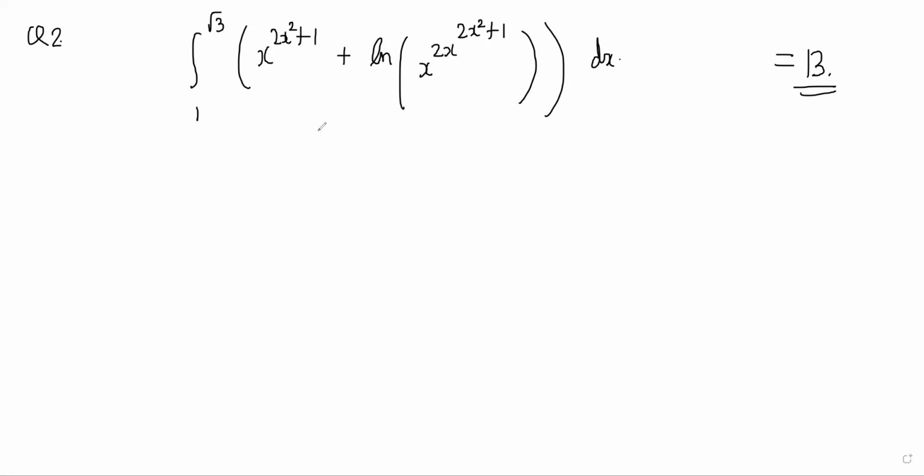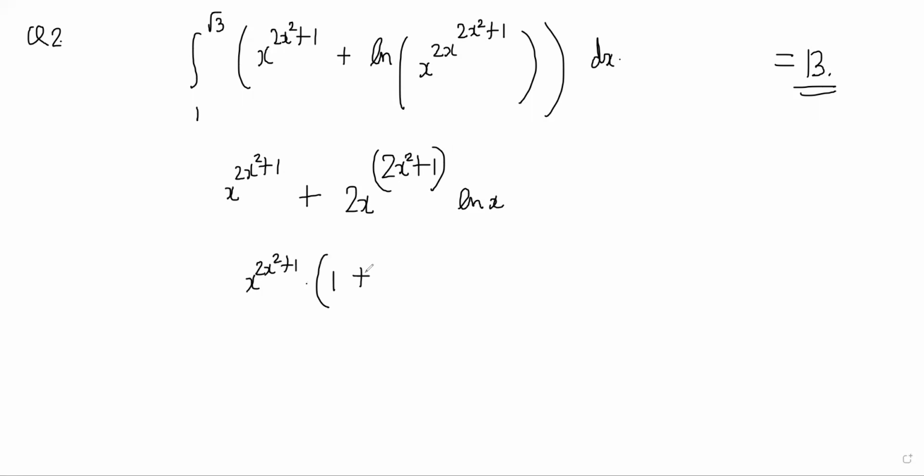You take the ln x, you take the power outside, and then you take it common. 2x power ln x and x power 2x square plus 1. So you take x power 2x square plus 1 common, and then you have 1 plus 2 ln x.